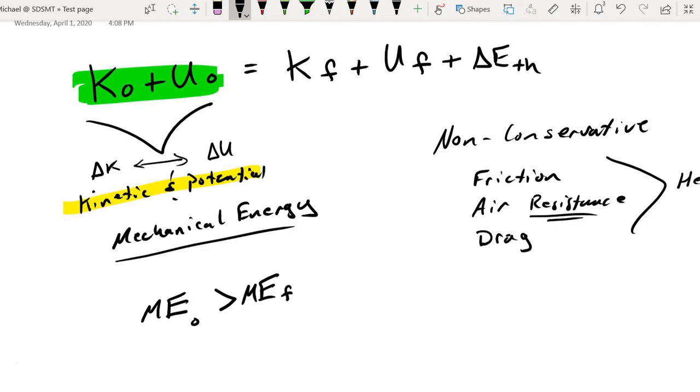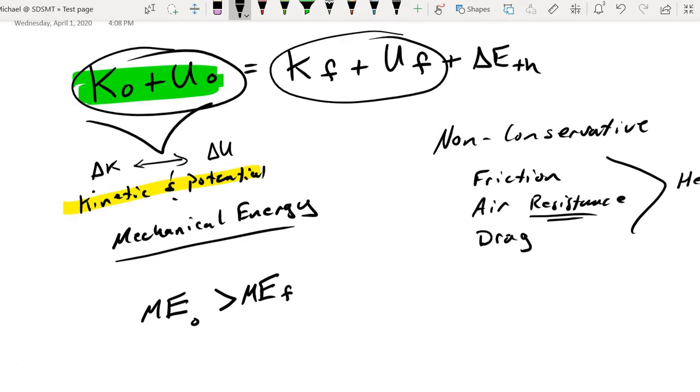I guess we could call that ME for mechanical energy. But that initial mechanical energy has to be greater than the final mechanical energy if we are to have thermal energy as a byproduct of the system.